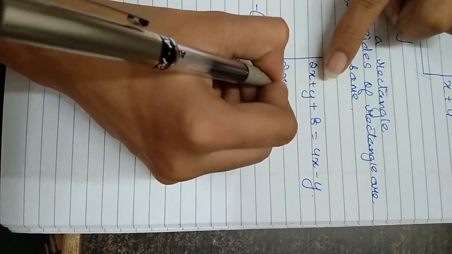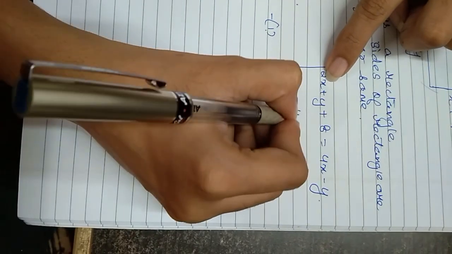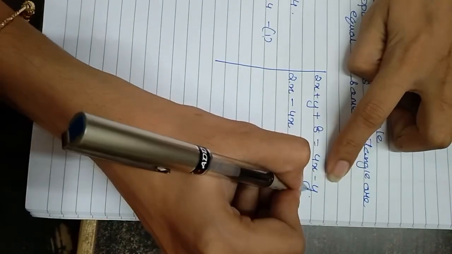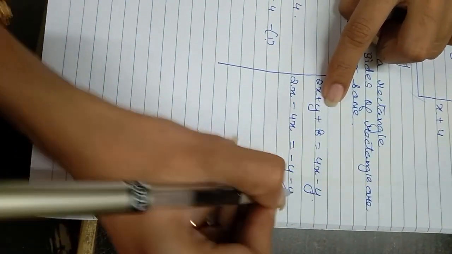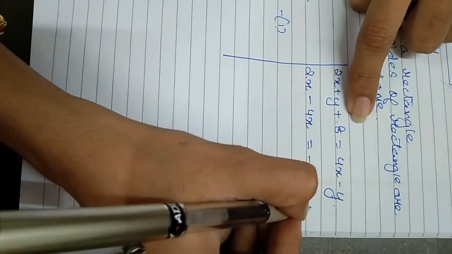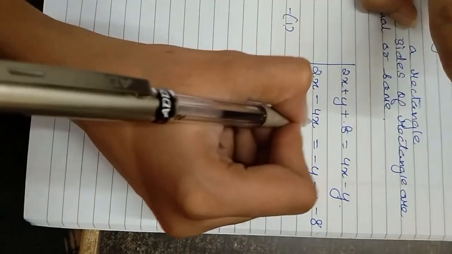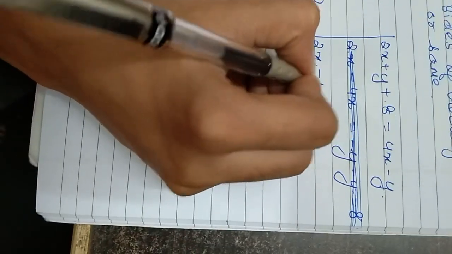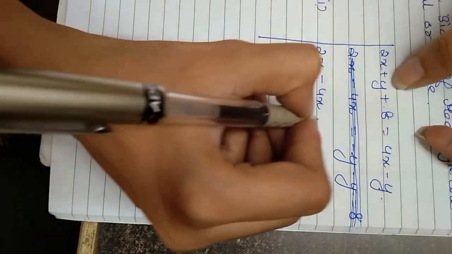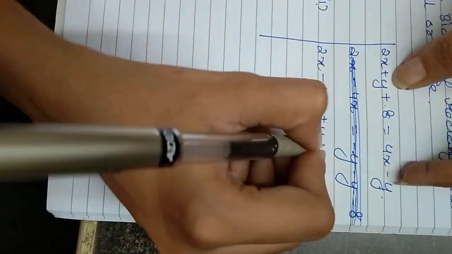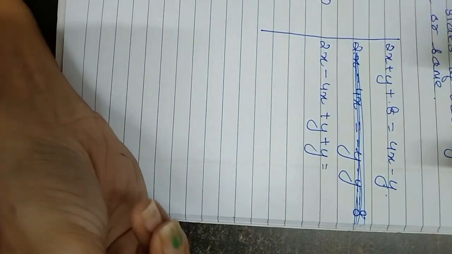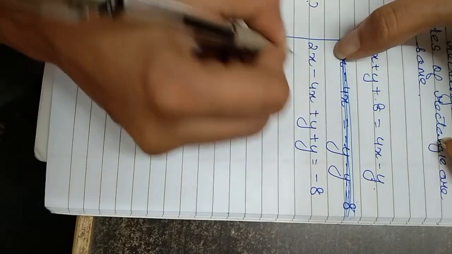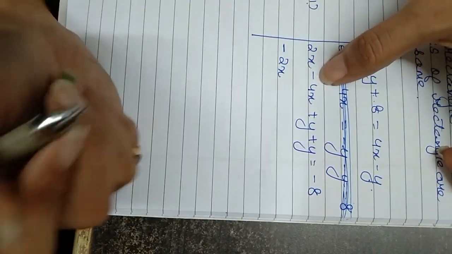Similarly, solve this part. The x terms, let us take together: 2x plus 4x will shift this side, so it will get converted into minus 4x, plus y will remain as it is, minus y will shift this side and become plus y, and plus 8 will shift this side and become minus 8. 2 minus 4 is equal to 2, but the greater number's sign is minus.